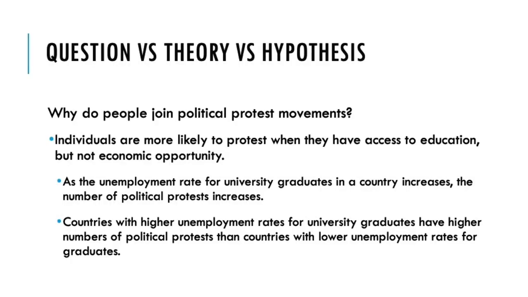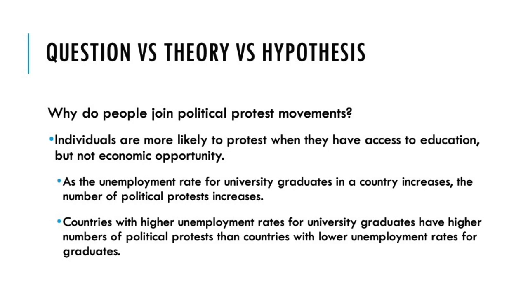Another way to think about this is to think about the difference between a research question, a theory, and a hypothesis. A research question identifies a causal relationship you're interested in, such as why people protest. A theory is a proposed answer to that question. People protest because there's a gap between their economic expectations, based on their education, and their economic reality, a lack of jobs.